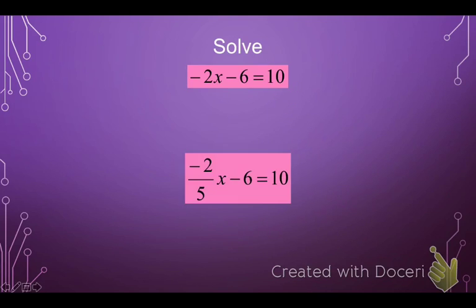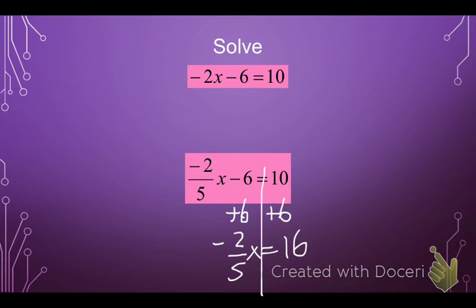Alright, so if I move on to this one, the starting step is no different. I'm going to add 6 to both sides. So what gets tricky is that I have negative 2 over 5x equals 16. I have taught you that we multiply by the reciprocal, so negative 5 over 2.